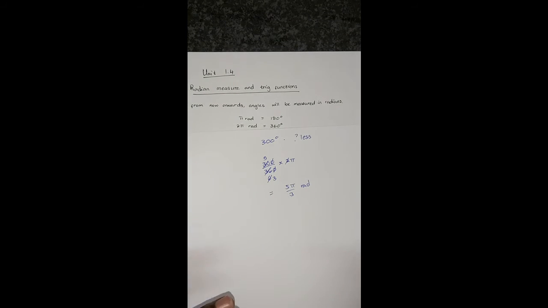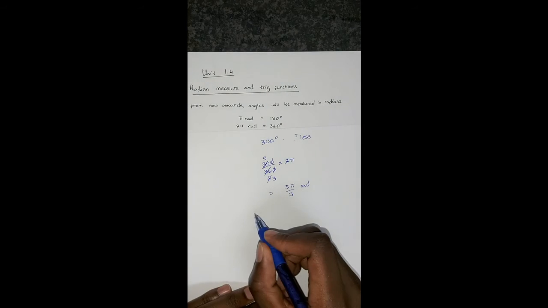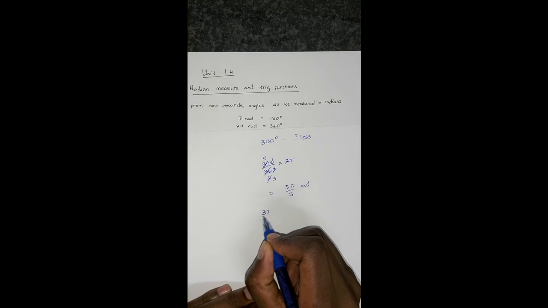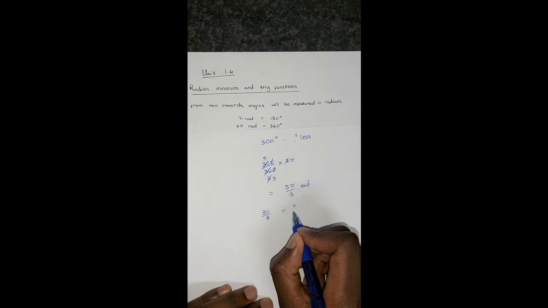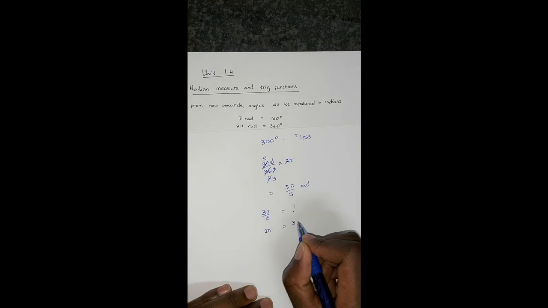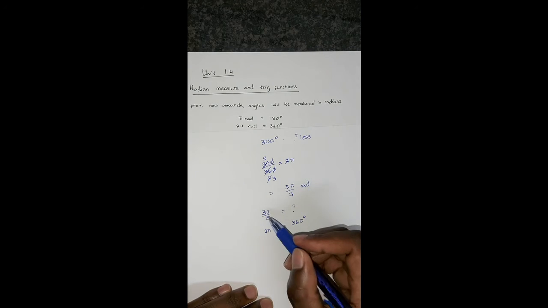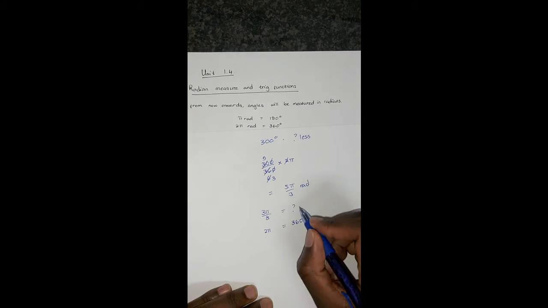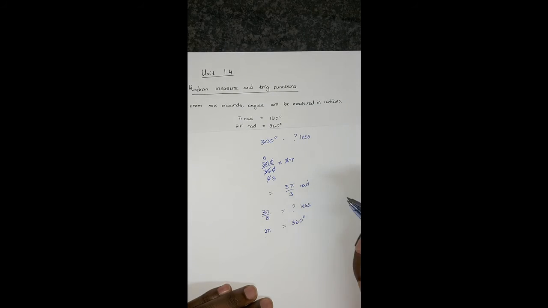So let's just convert an angle in radians to an angle in degrees. I'm going to use 3 pi over 8. We know that 2 pi is equal to 360 degrees. What about an angle less than 2 pi? It has to be less as well.